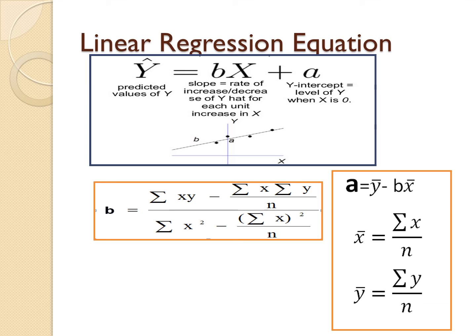The y-intercept is the value of the dependent variable when the independent variable is 0. It's simply the value at which the fitted line crosses the y-axis. And in this slide, I've also presented the mathematical equations for how we would calculate b, which is the slope, and a, which is the y-intercept.